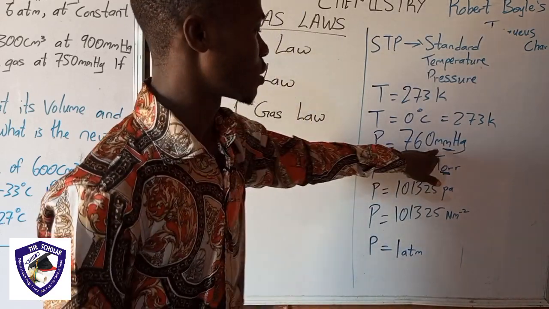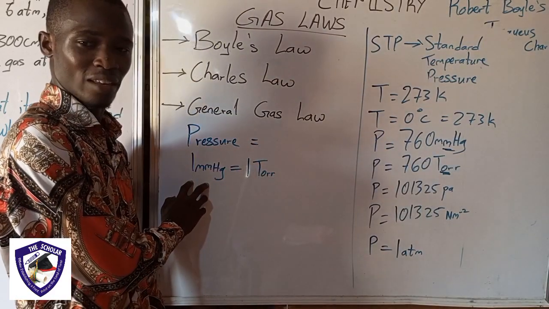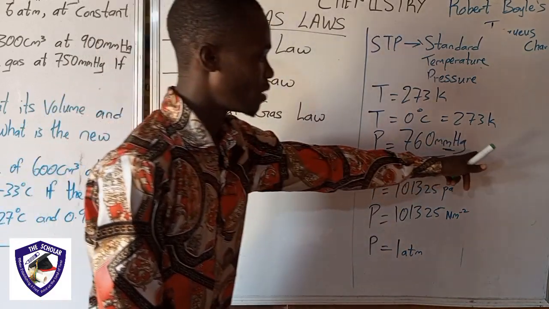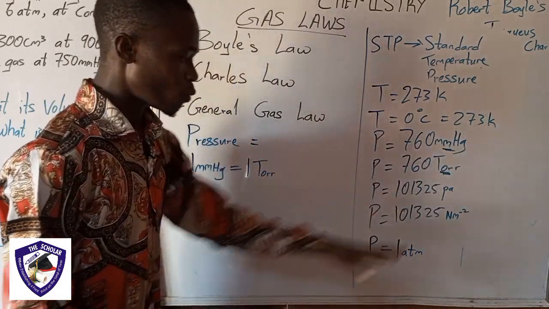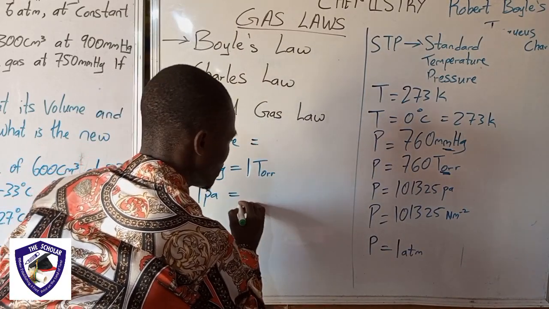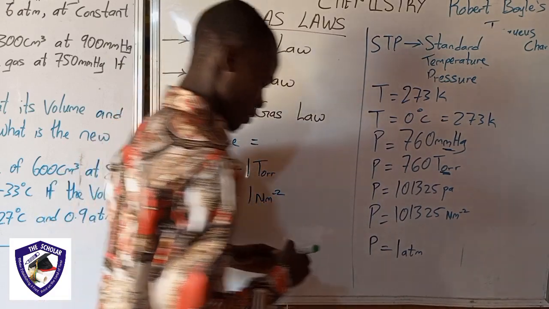So if pressure is 760 millimeter mercury and torr is also 760, it means 1 millimeter mercury is equal to 1 torr, since the two of them are the same, 760 millimeter mercury, 760 torr. We can also say that 1 pascal is equal to 1 Newton per meter square.